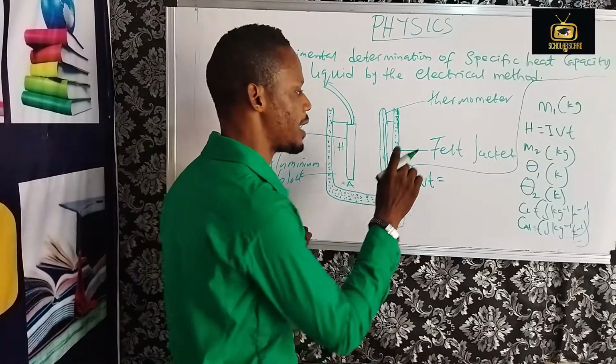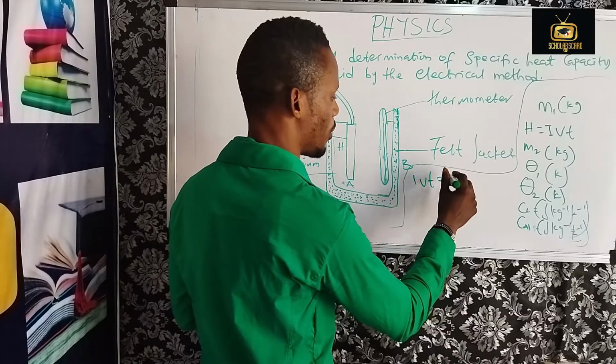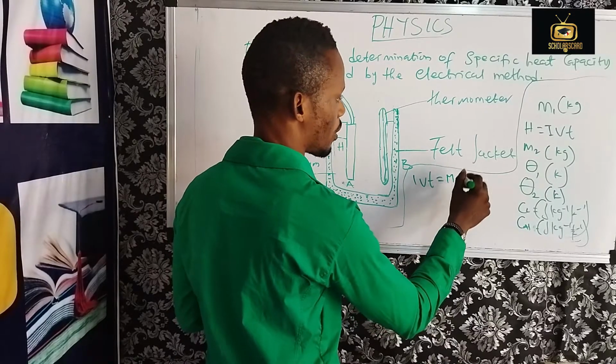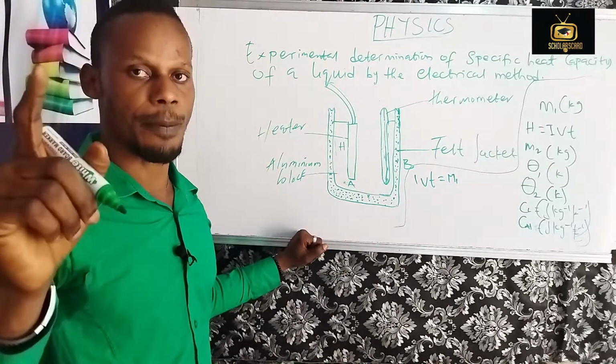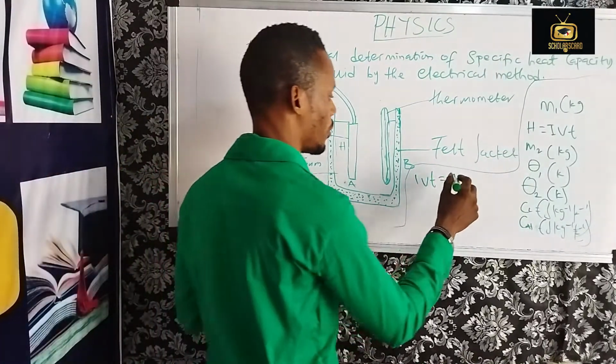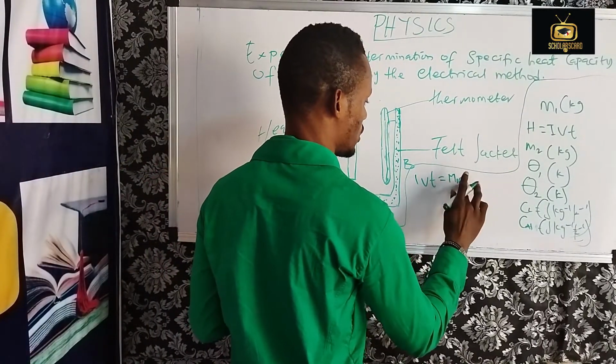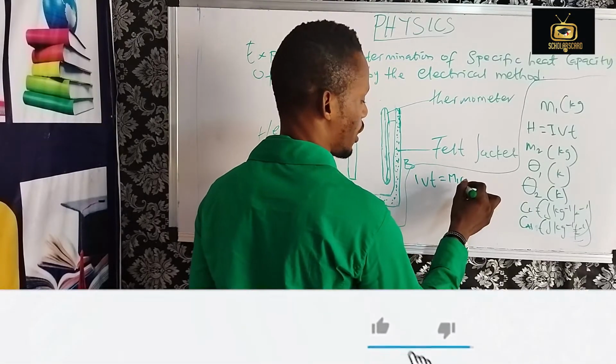Now heat gain by the aluminum bowl, which is M1, that is the mass of the aluminum bowl, then also the specific heat capacity C of the aluminum bowl. Are you getting that?